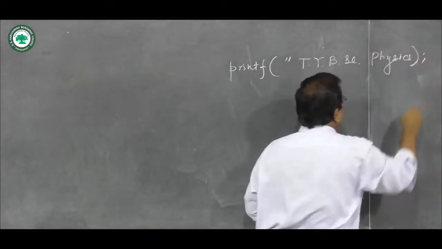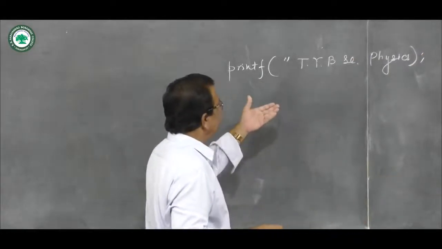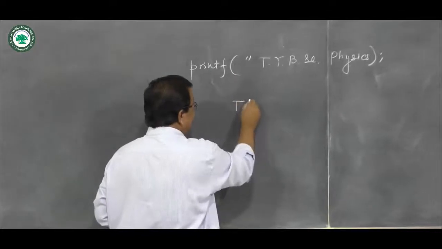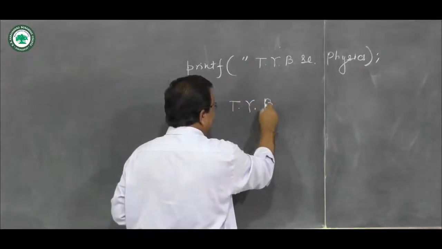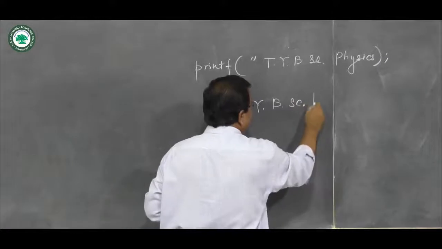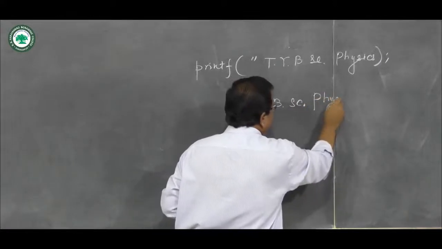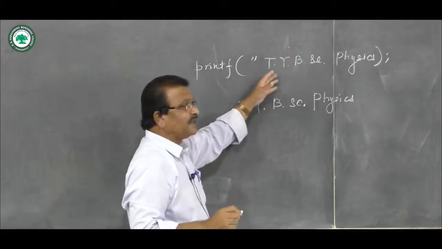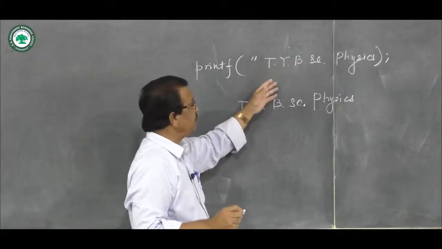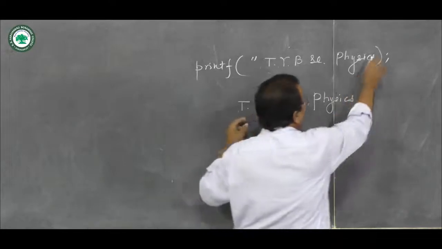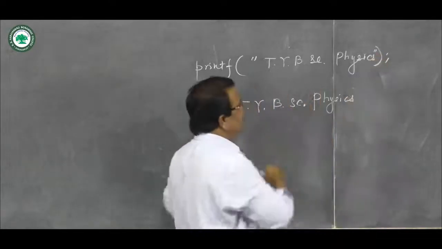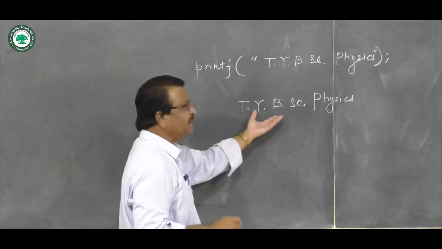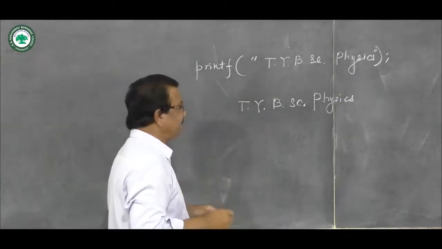This is printf statement, and the output of this printf will be TY-BSc physics. What is important is whatever you want to display, doesn't matter whether you write it in upper or lowercase letter or combination of both, must be written in double quotes, and both these quotes must point to the left. Then this will be the output without quotes, remember.